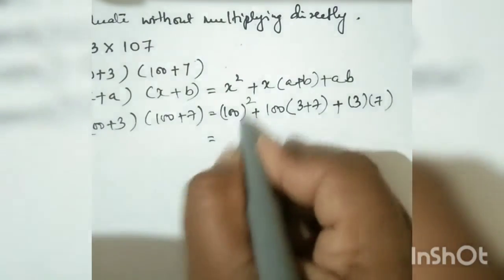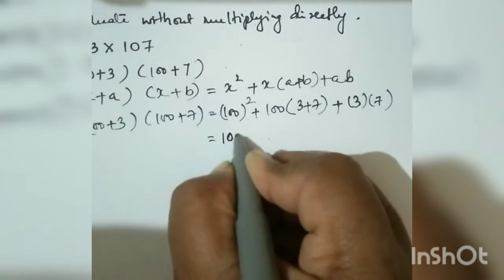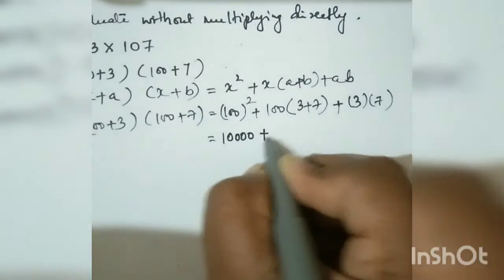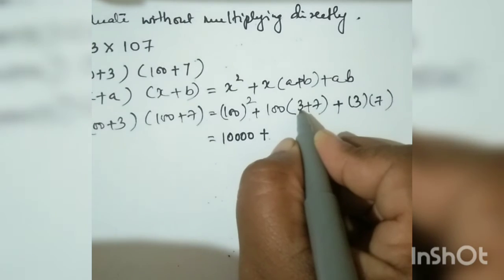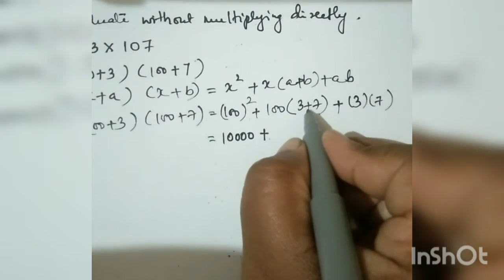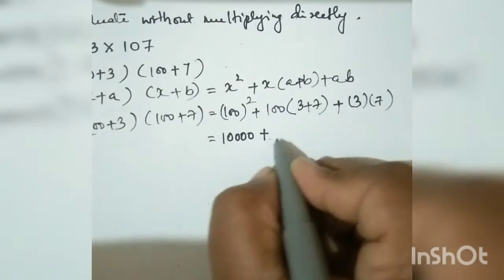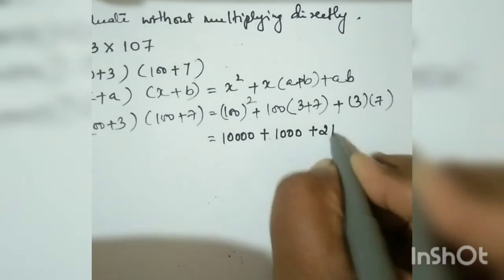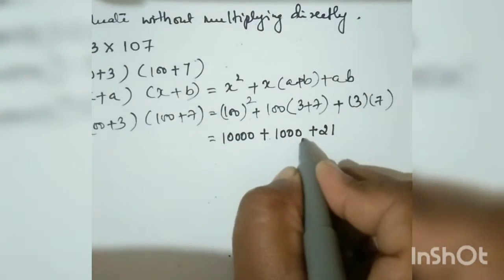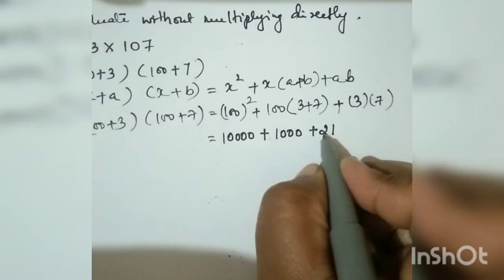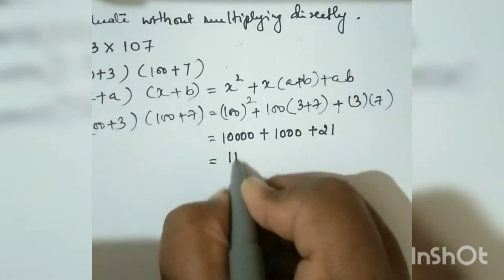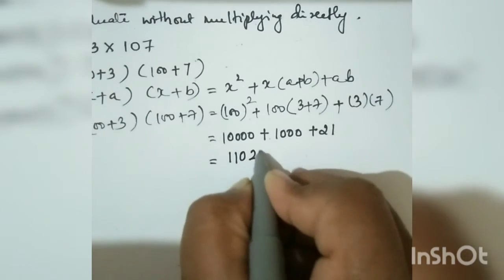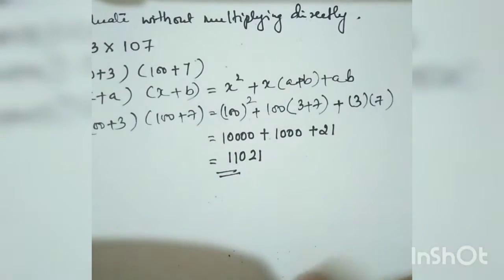So here you will get 100 square, 1 followed by 4 zeros, plus 7 plus 3 is 10. So 10 into 100 is 1000, plus 21. So now 10,000 plus 1000 plus 21, here you will get 11,021. So this will be the answer.